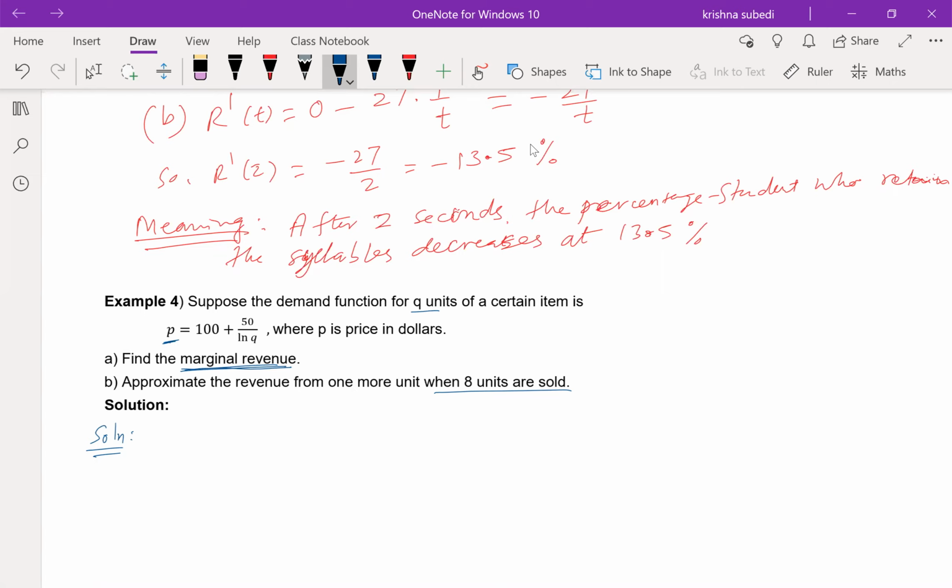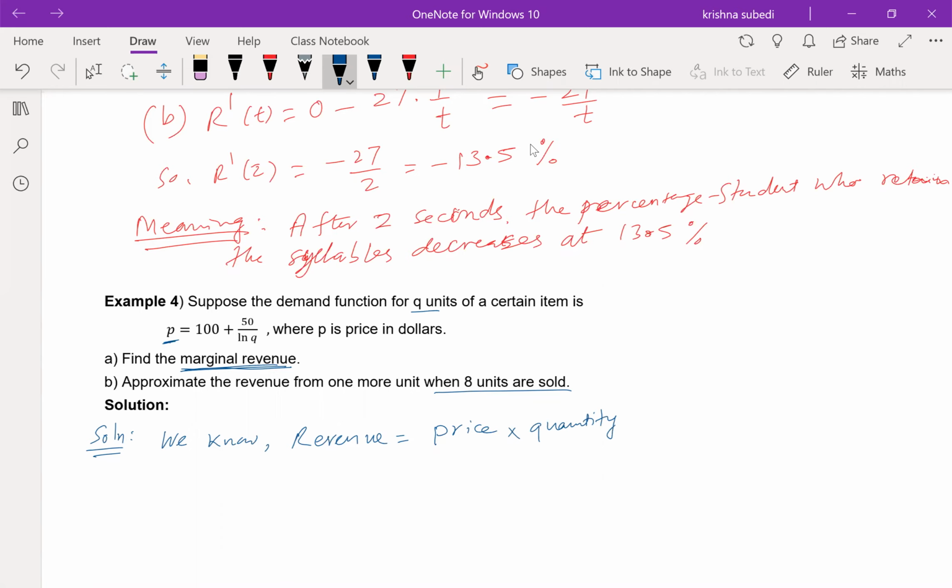Can you think of how we can find the revenue function here? We multiply the demand function with the price. Yes, price times quantity. We know that revenue is given by price times quantity.